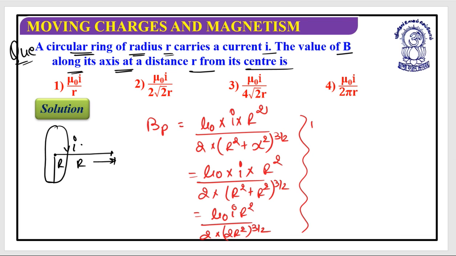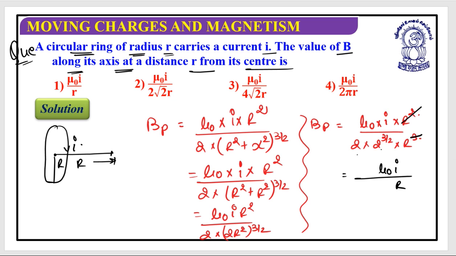So this equals mu naught I r square divided by 2 into 2 to the power 3 by 2 multiplied by r cube. Here r square over r cube leaves one r, so it's mu naught I by r, and 2 to the power 1 plus 3 by 2, which is 5 by 2. Yes, this would be the answer.